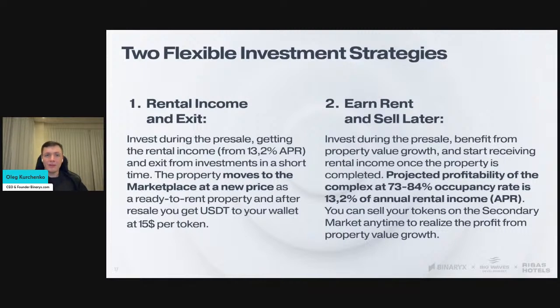And you can be sure that the profitability that the guys from AWWA Hotel and Big Waves are declaring is quite unique, because right now on our platform you can find profitability for properties from 8% up to 16%, and 16% is just two properties that are generating such income.